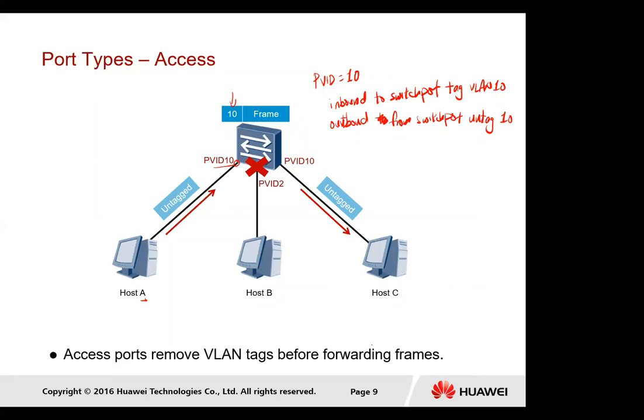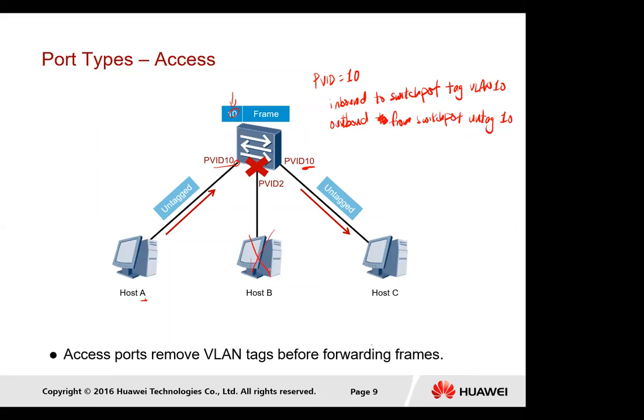So in this case, host C is also VLAN 10. So I'm going to untag the 10 and send a normal frame to host C. I will not send it out from PVID 2 because they are different PVIDs. So they cannot communicate.